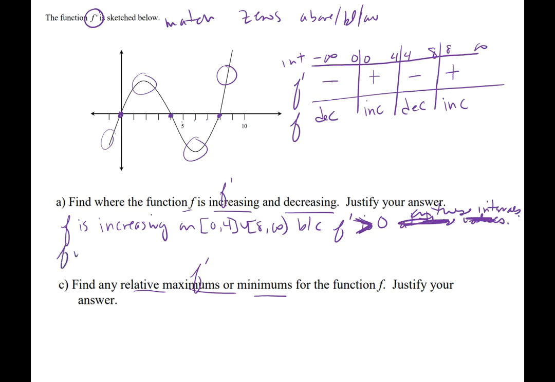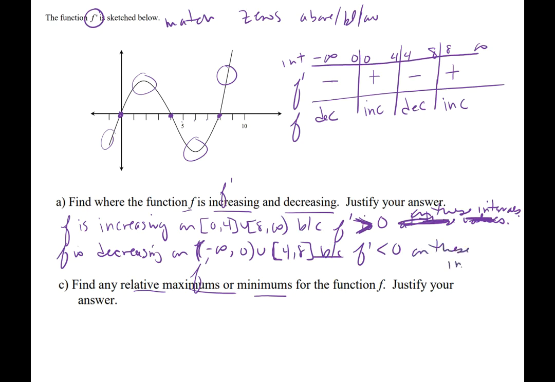And then we'd say f is decreasing on negative infinity to 0 and 4 to 8, because f prime is less than 0 on these intervals.